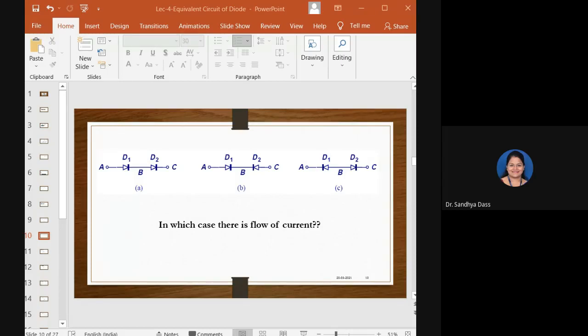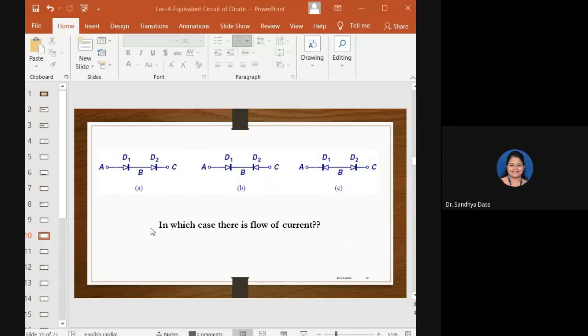Obviously, in a forward bias condition, we saw that there will be forward resistance as well. So forward resistance is the resistance offered by the PN junction when it is forward biased. In a forward bias PN junction, we can typically refer to two types of resistance based on the applied voltage.